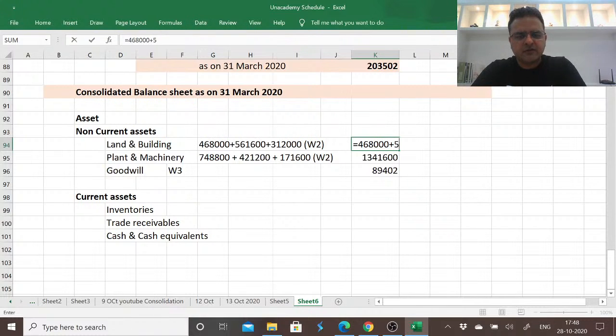The total of land and building is 468,000 plus 561,600 plus 312,000. Goodwill is given to us.